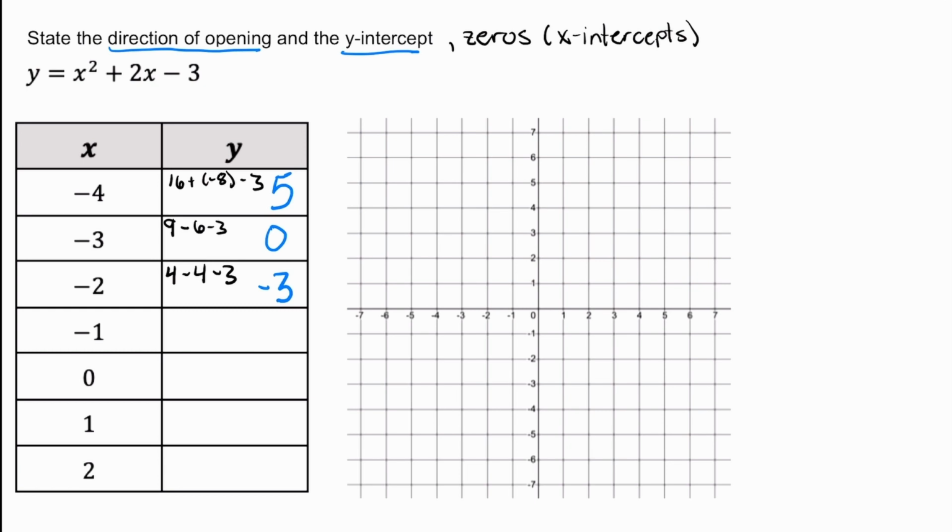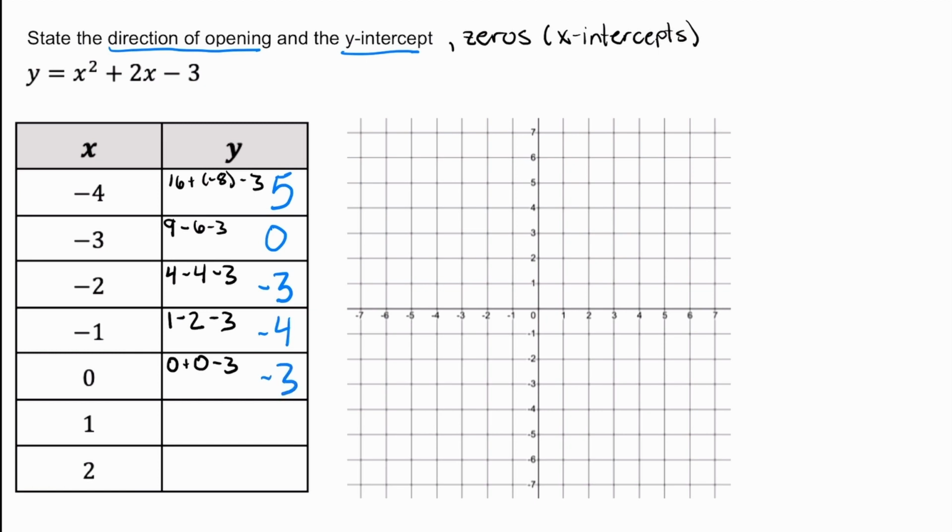Subbing negative 1 into our equation, negative 1 squared is positive 1. Negative 1 times 2 is minus 2. And then our minus 3. So the value of that is negative 4. Subbing in 0 into our equation, 0 squared is 0. Plus 2 times 0 is 0. Minus 3.